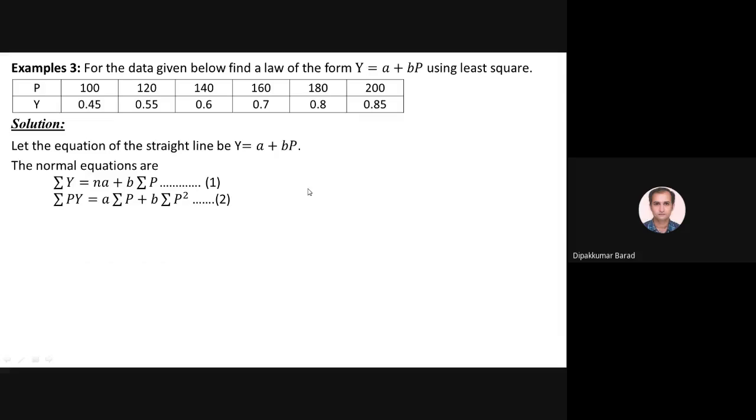So what we have to find out is summation Y, summation P square, summation P into Y. Try yourself first and find out the table.